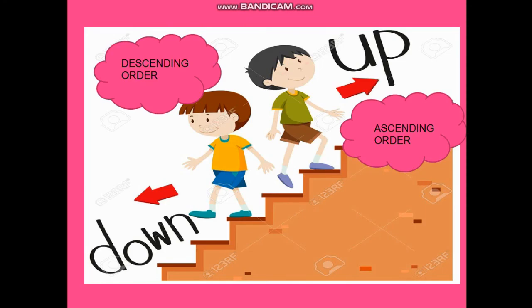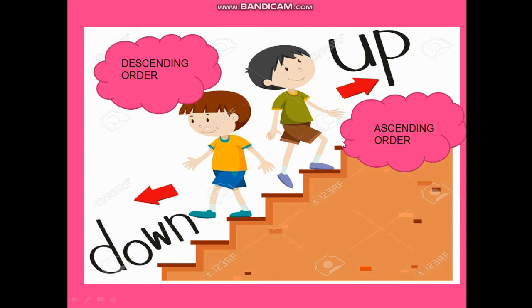This is our puzzle which is complete. When we go up, we do ascending order. When we go down, we do descending order. Ascending order is from smaller to bigger. Descending order is from bigger to smaller. So the child who is going up is climbing stair 1, then 2, then 3, then 4, 5, 6 and so on.